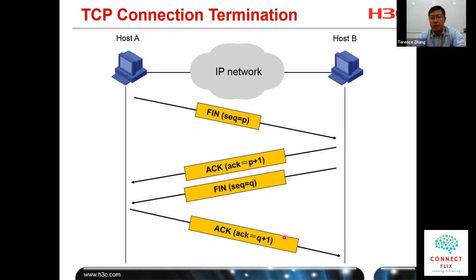And how we terminate it, how we tear it down. They use 2 more flags. It's a TCP segment with FIN, F-I-N. That means I want to terminate the connection with you. So the FIN sequence is P. And here, the ACK flag, ACK is P plus 1.